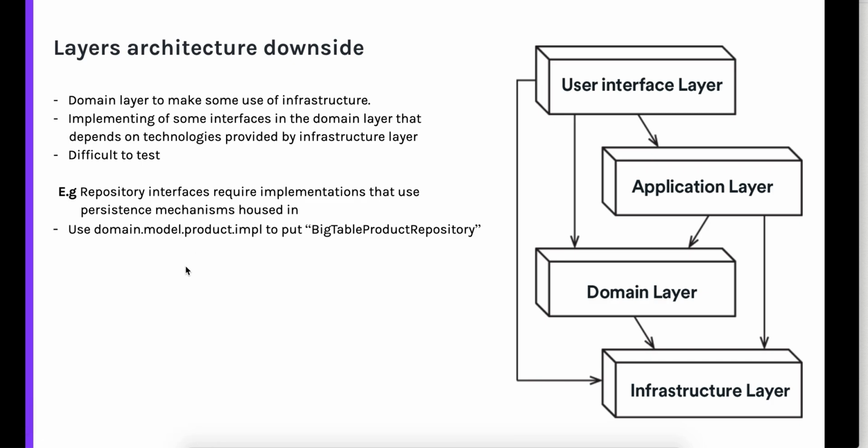So unfortunately, for example, if you use Google's Bigtable for your database communication, then you have to implement the Bigtable product repository inside the product model in your domain, in the implementation namespace or package, which is not wanted.